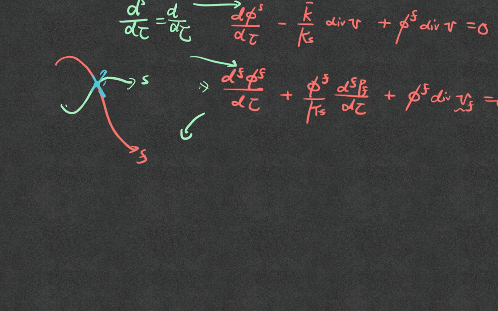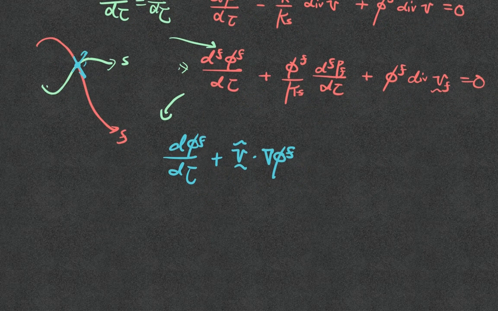And so if I write it out, this term leads to the solid derivative of the porosity change times the gradient of the velocity. So this is the change of the porosity with respect to the solid time derivative plus the velocity times the gradient of the porosity.